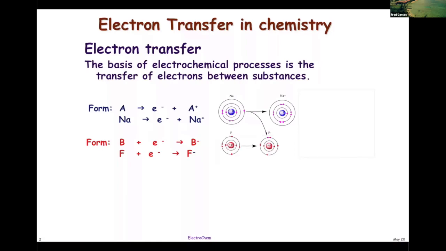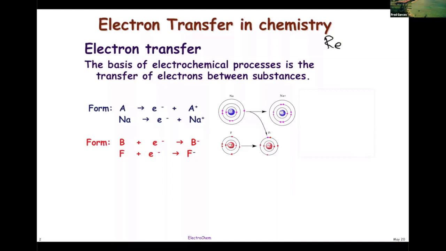And so we have a chemical reaction called a redox reaction, reduction-oxidation, where one chemical has a decrease in the charge, another chemical has an increase in the charge. That's where redox comes from, by the way.